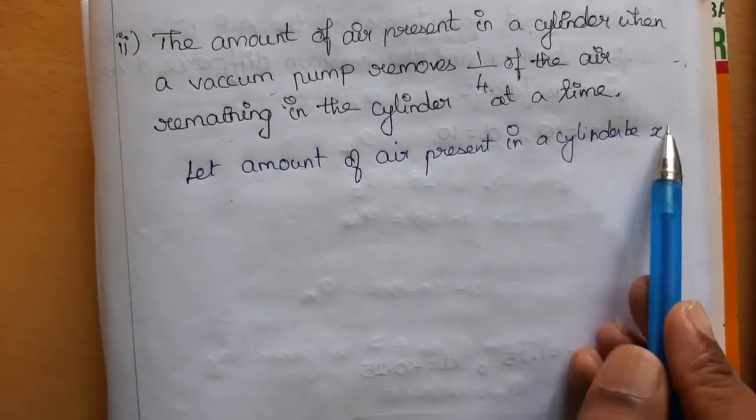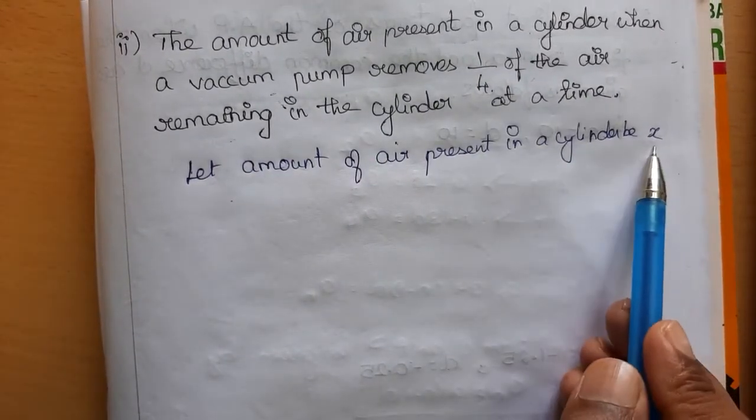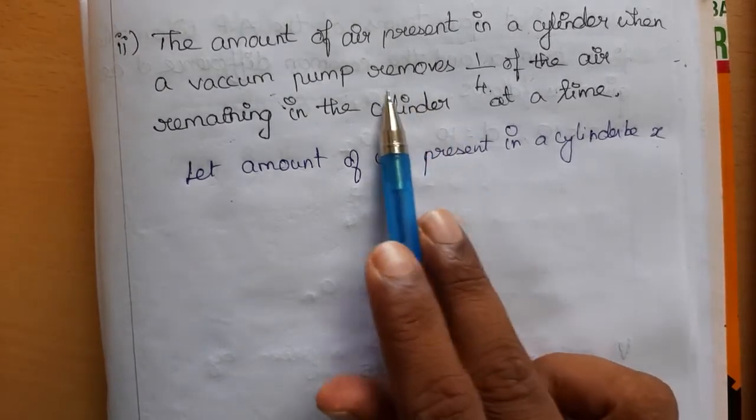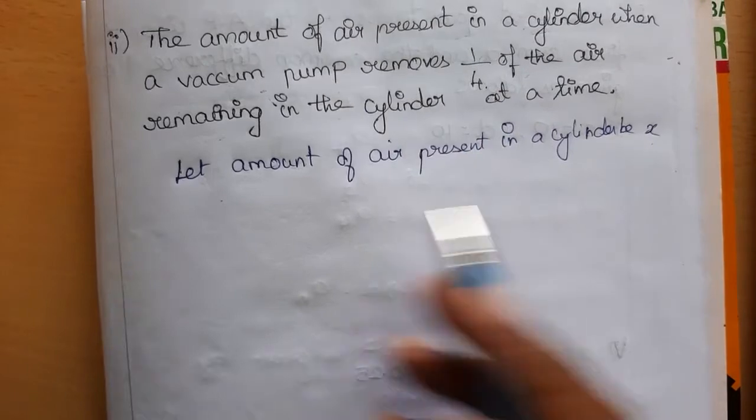So in the beginning there will be X amount of air, right? We pumped for the first time, so it removes 1/4 of the air.